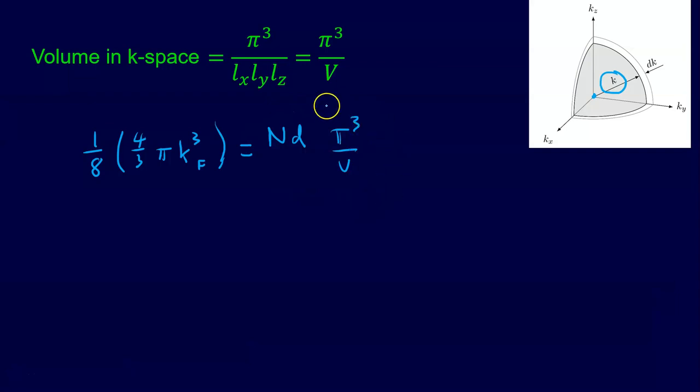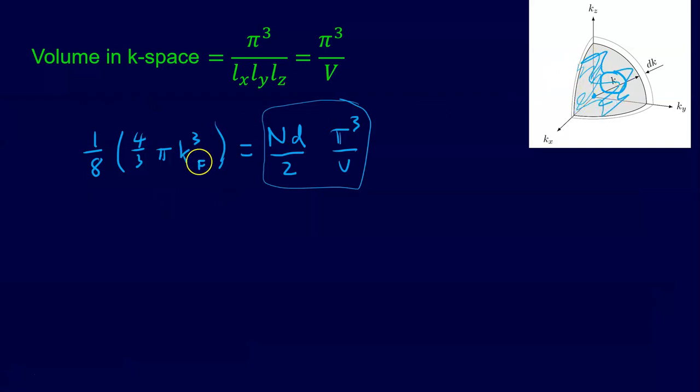And so this is the volume we expect this to take. And the one last thing we put in is a factor of 2. Again, because of that Pauli exclusion principle, we can put 2 electrons into every state. And so this side over here is the volume that our total number of electrons are going to need in K space. And this is that volume of this region in here.